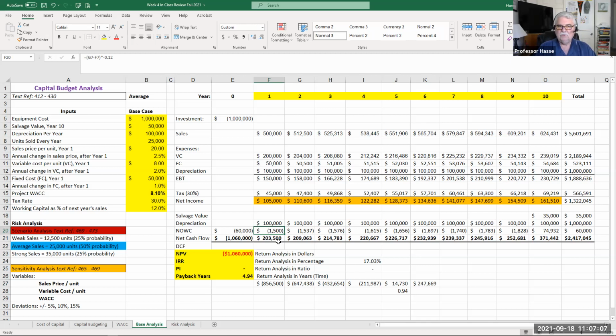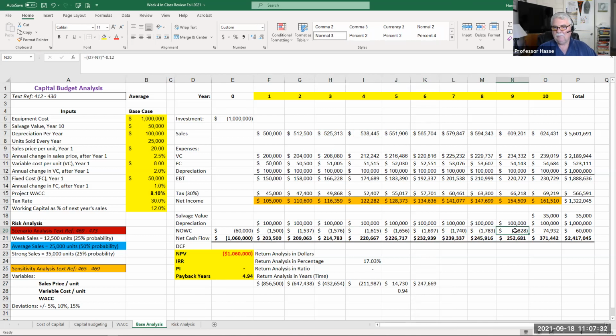At the end of year 1, I now have $61,500 of accumulated working capital. Remember, working capital is assets and liabilities, so it increases or decreases as a whole every year. And as revenue continues to grow due to inflation, my working capital outlays increase.